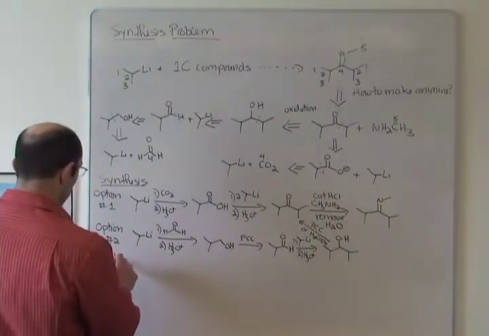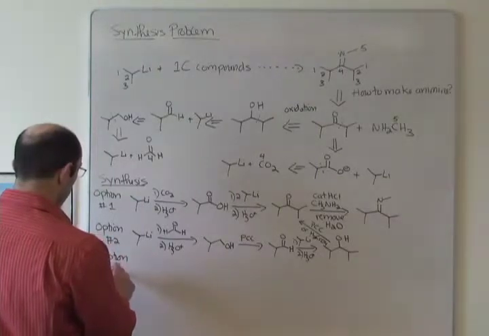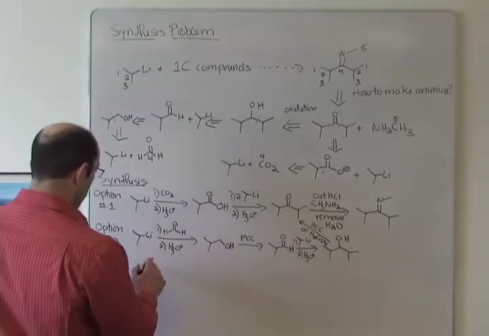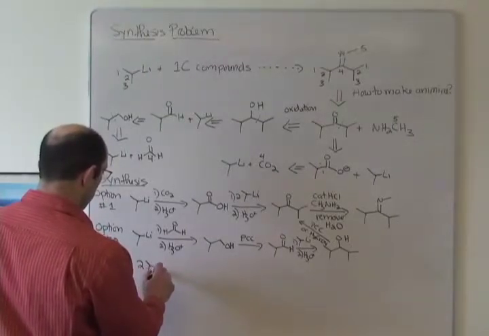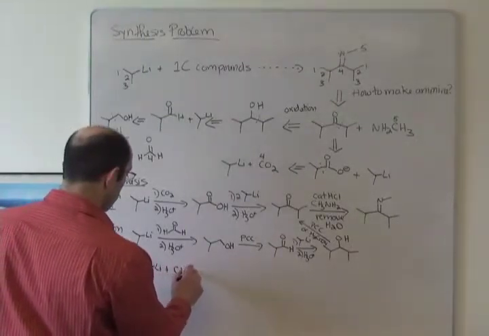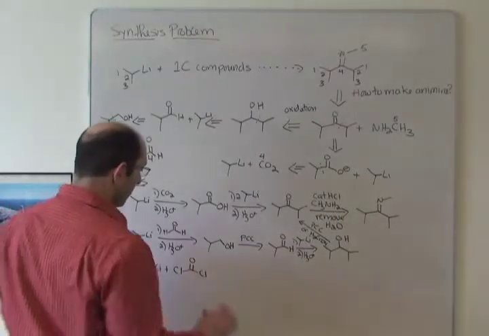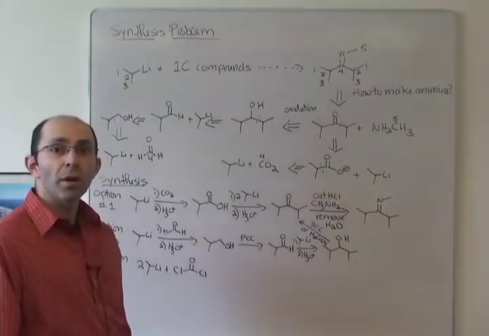All right, so let's call this option number 3. The question is, what happens if we have two equivalents of alkyllithium plus this really interesting diacid chloride?